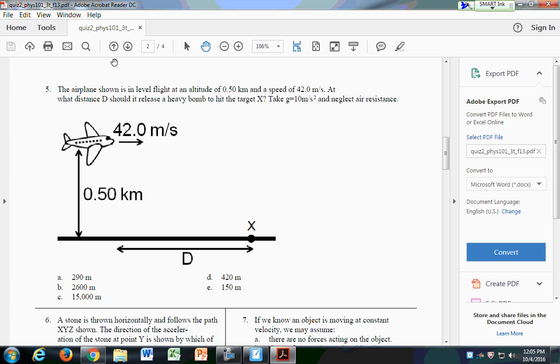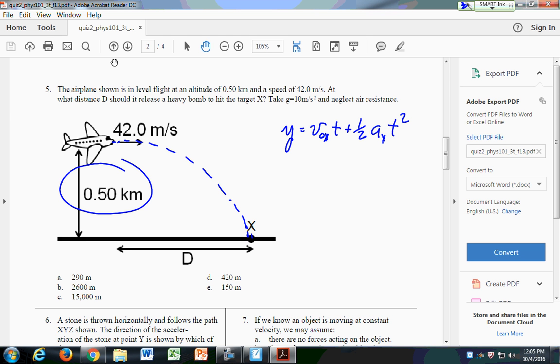But anyway, I want to figure out how much time it takes to go from this point to this point. I know the y displacement, and so I can figure out the time in that way. I can say that y equals v naught y times t plus 1/2 a_y t squared.